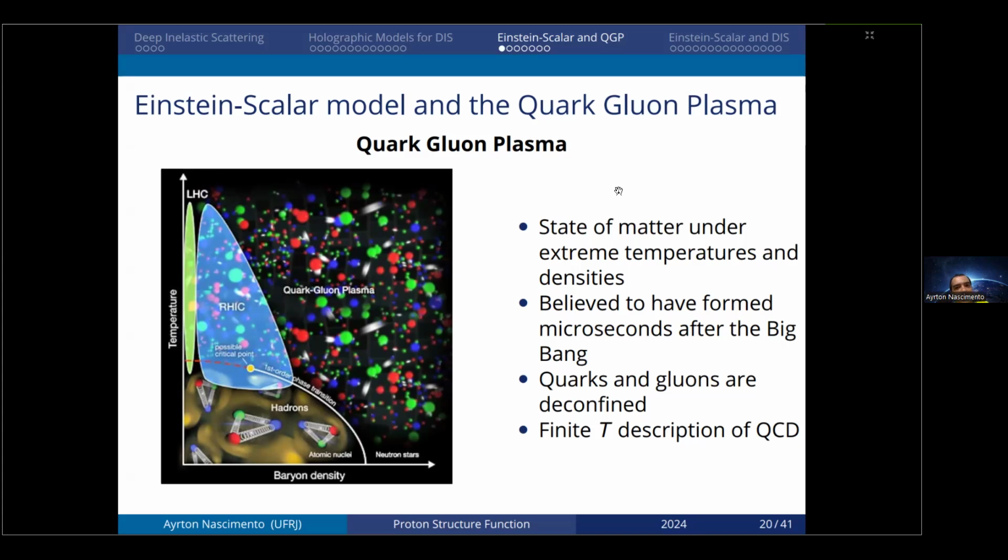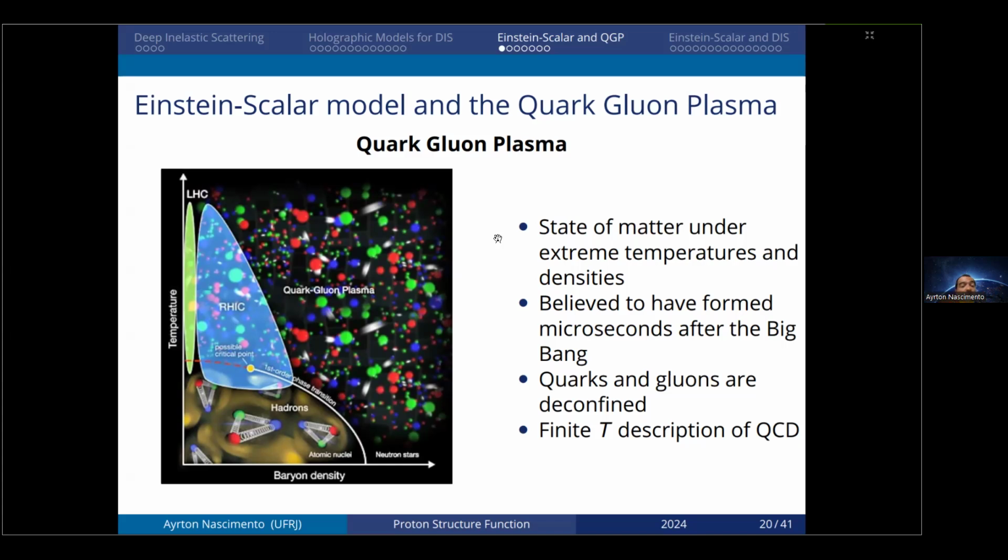People have Lattice QCD and everything, but the holographic approach is really nice because you can do things in holography that get you results like the F2 function and things related to quark gluon plasma, where QCD doesn't work really well. We know about that, and that's why people do that.